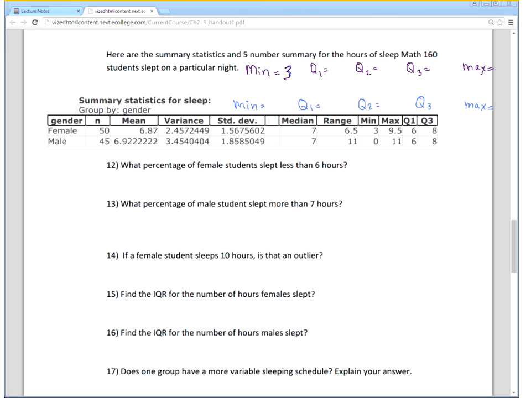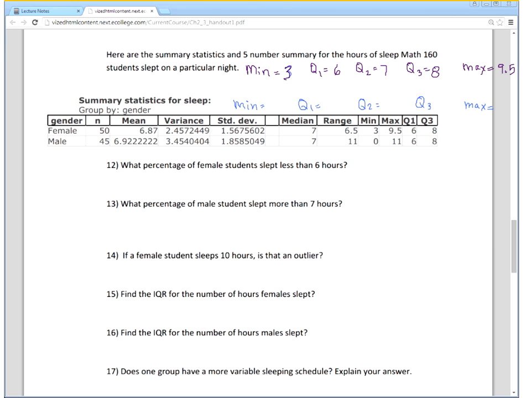Okay, so I have 3, and then the first quartile is 6. And all right, what is the second quartile? There's no Q2. So what did you guys use? The median, because that's the second quartile. Good. All right, and the maximum is 9.5.